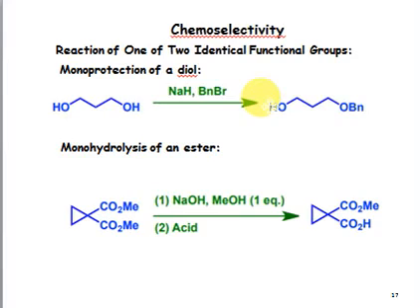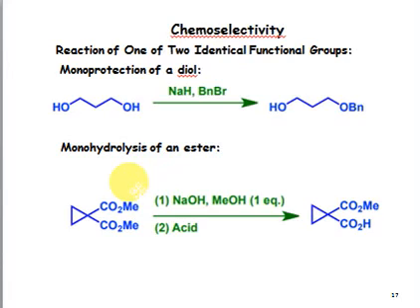Again, we have another example. So here we have a diester, right? You can see it is a geminal diester because both of the esters are attached to the same carbon here, and we want to carry out the monohydrolysis, meaning we want to hydrolyze only one of the esters, but we want to retain the other ester as well. So in that case, again, the reagent should be used in a lesser amount, right?